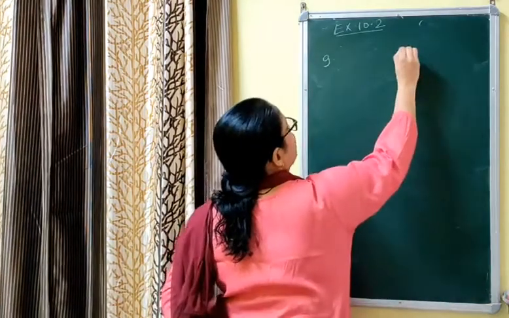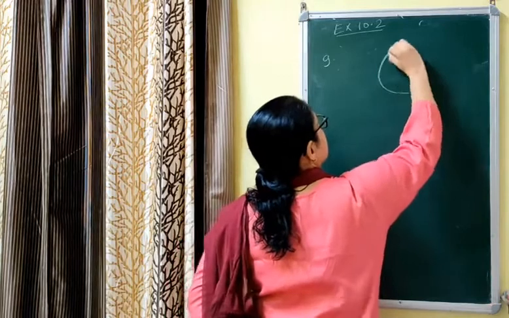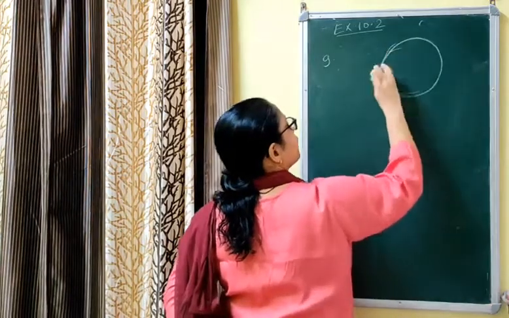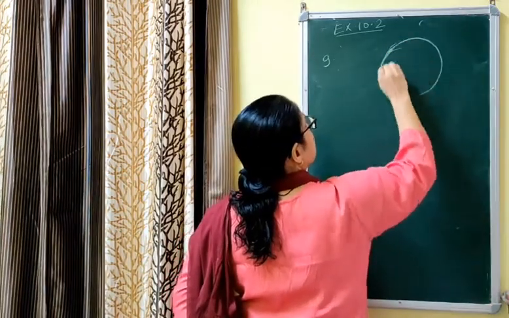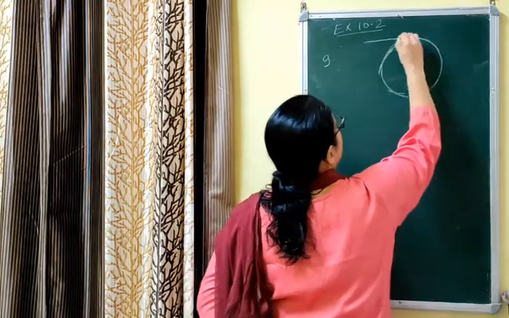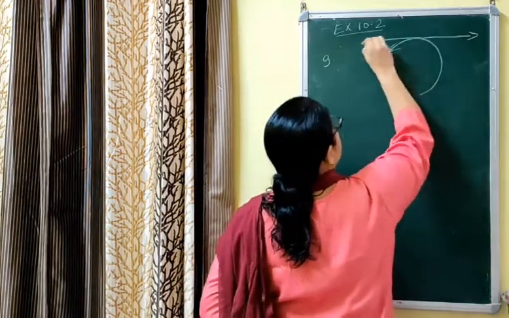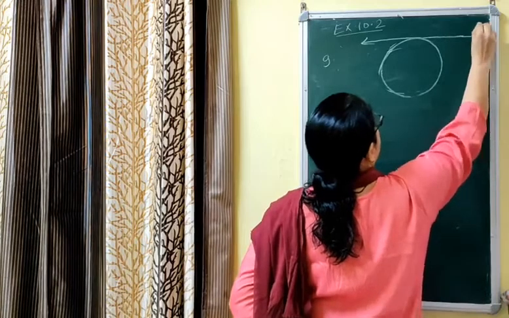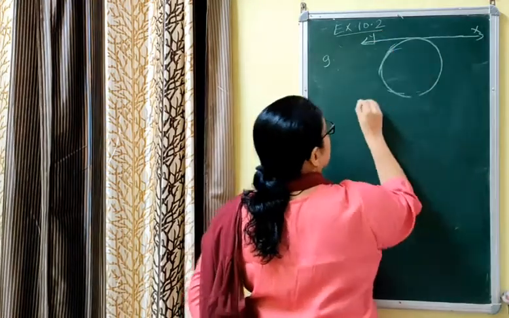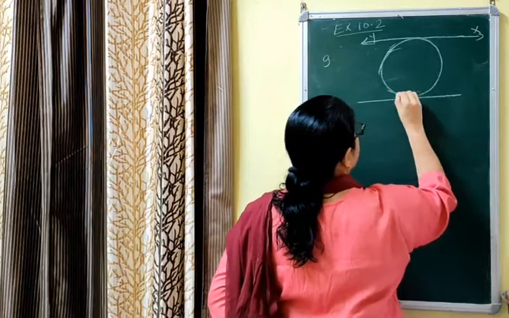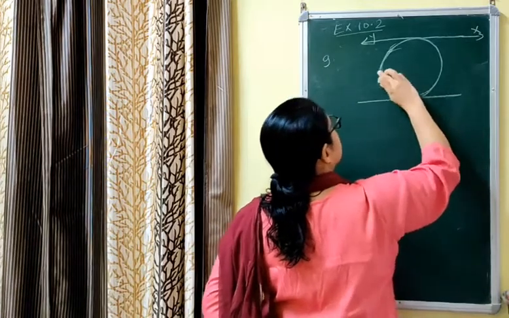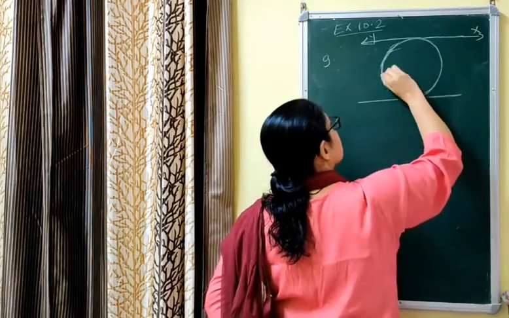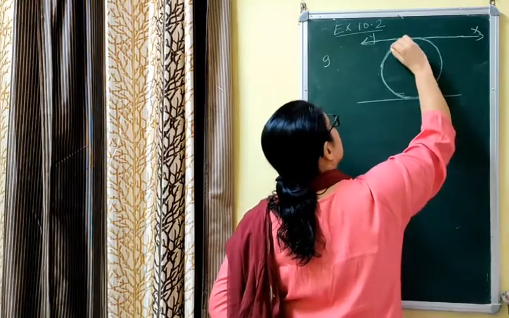Let me draw the figure first of all. You are given a circle, and you are given two tangents. The first tangent is on the top side; let me draw and extend it. One more tangent. These two tangents are parallel tangents. Let me draw the figure properly.